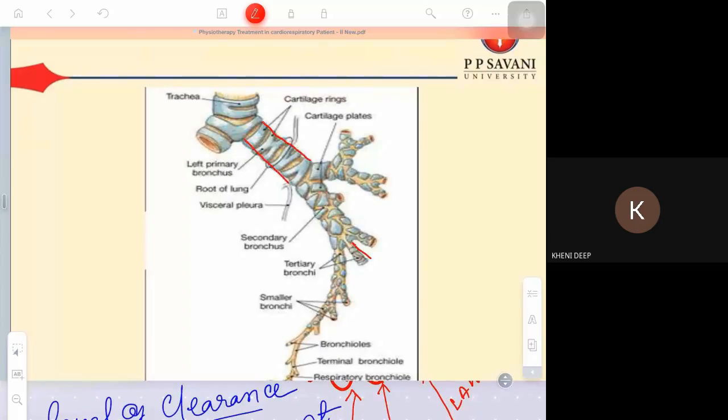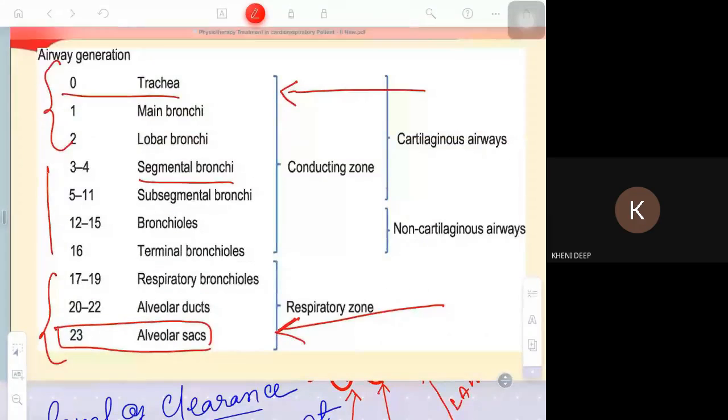This is main bronchus. This is for upper lobe, this is for lower lobe. Clear? You just go through this slide. As like that, there are so many generations, where alveolar sac comes under the 23rd generation.